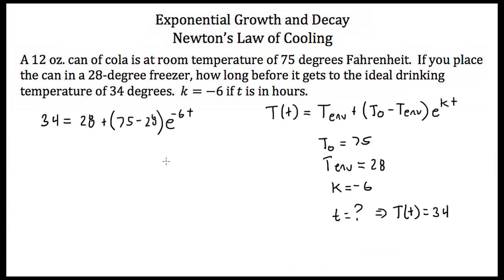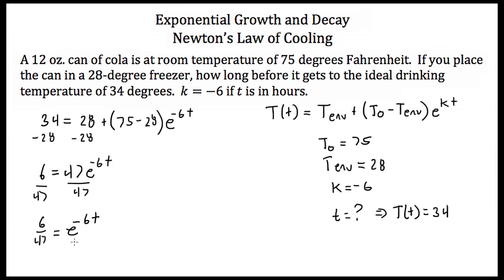So I'm going to have to get this alone on one side of the equal sign. I'm going to subtract 28 from both sides and end up with 6 is equal to, now 75 minus 28, that's equal to 47. So I have 47 times e to the negative 6t. Divide both sides by 47. This doesn't reduce, so I'm going to leave it as it is. I'm going to say that 6/47 is equal to e to the negative 6t.